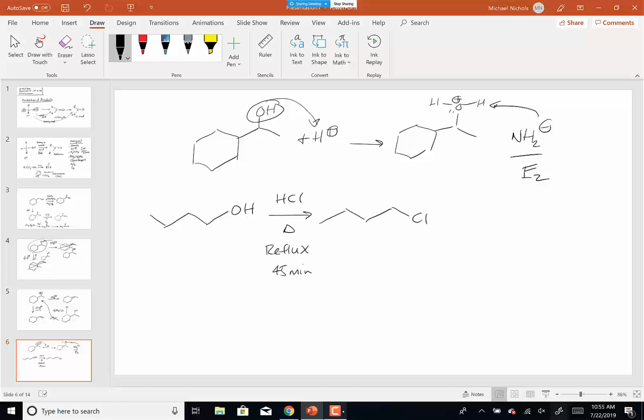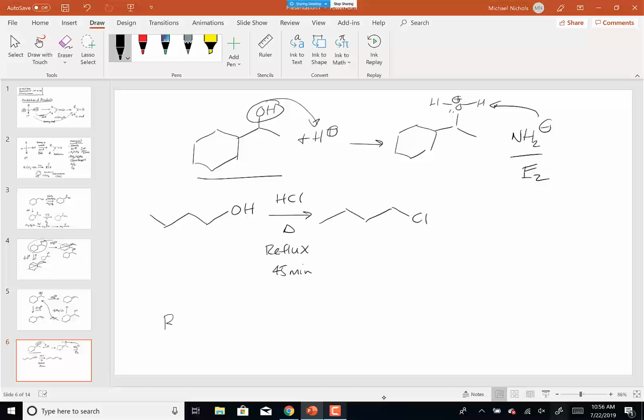So converting primary alcohols to chlorides with HCl isn't all that efficient. This one up here could undergo rearrangement. So there are some other reagents we should probably think about if I'm going to convert an OH to a Cl. We have two.